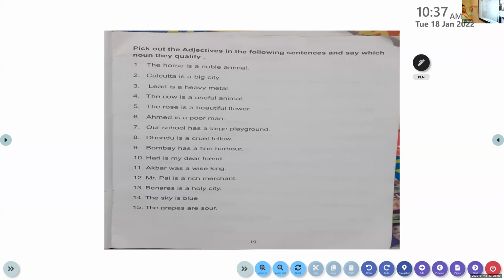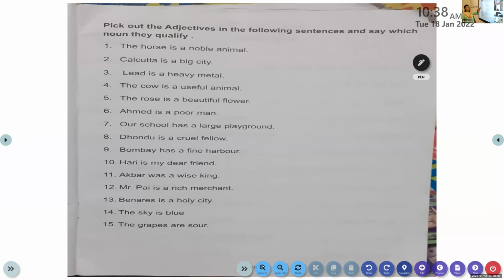Okay, so let me call you. The similar sentence will be there, but not the same one. A similar one you'll be getting for your examination. The question will be like this. You have to identify the adjective in a sentence, and you have to say which noun they qualify. Okay, that is the first exercise for you.